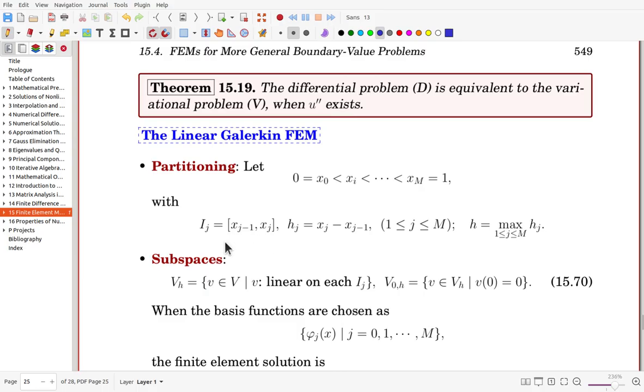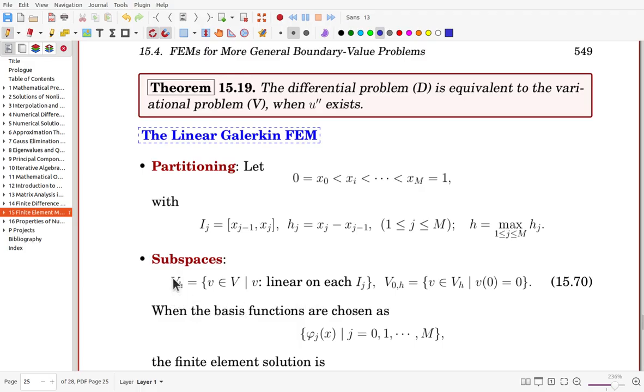Each subinterval is I_j, with length h_j, and the maximum of h_j is h, as we did earlier. Now, for subspaces, we have 2 linear spaces, so we have to have 2 subspaces, but they're not really quite independent of each other, only a small change.